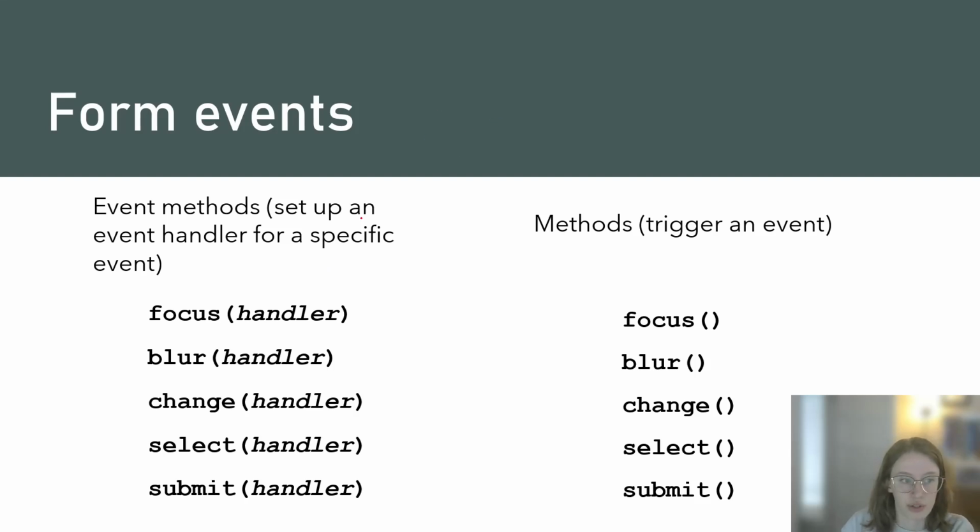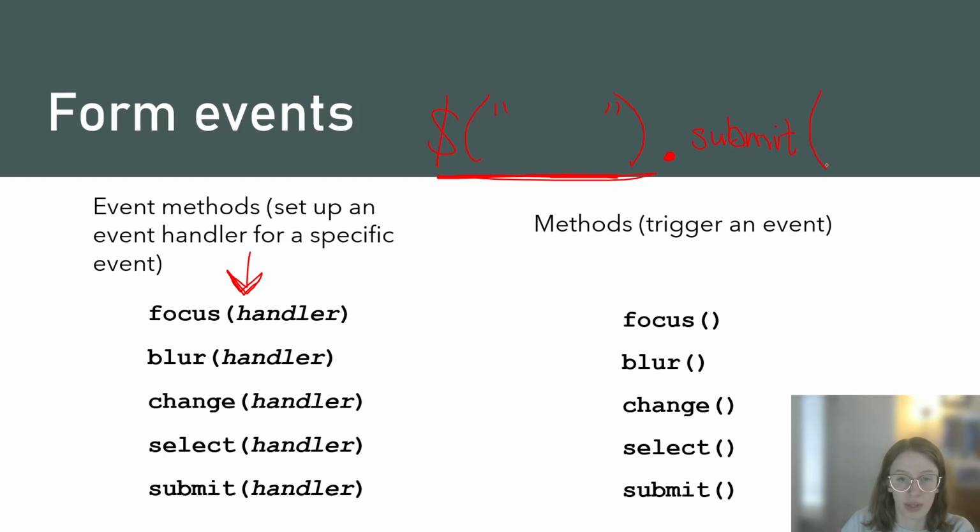Keep in mind that all of these are methods, so they happen on an element. To use one of these to set up an event handler in your code, you would have a $ function selecting the element that you want to set up the event handler for, and then put your dot and say, I'll do the submit event method.